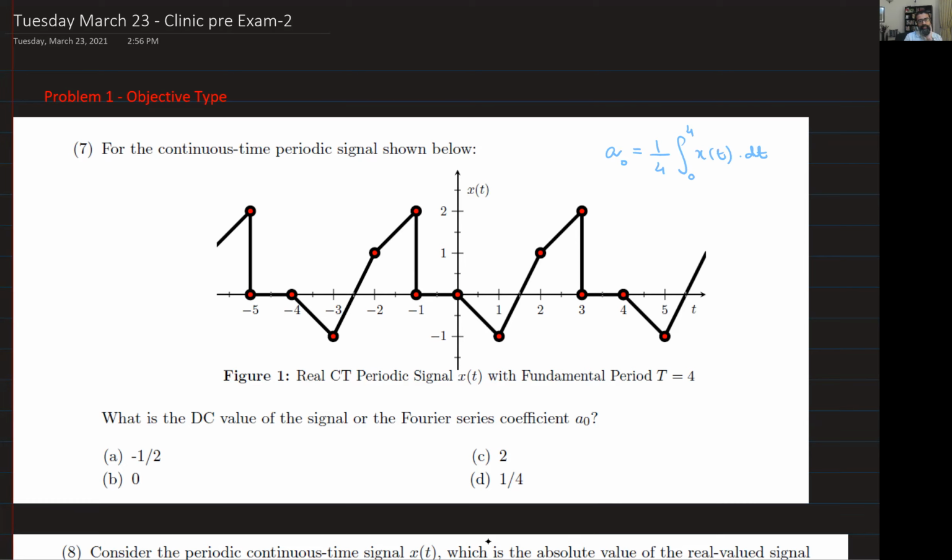Now, one of the harder methods could be you just plug in कि यार एक जगह पे minus t है, एक जगह पे plus t है, और straight lines की equations ढूंढें और उनका area निकालते फिरें. But what this thing represents is just the area under the curve. All I need to do, because the period is 4, right?